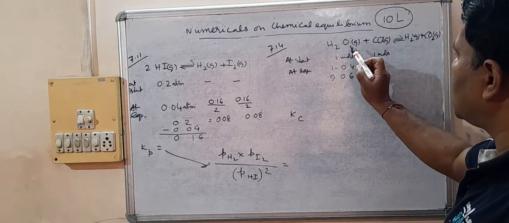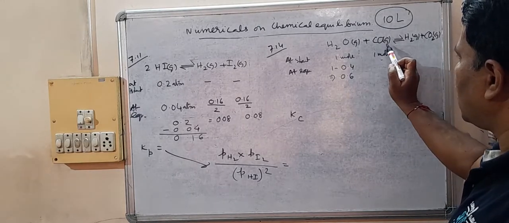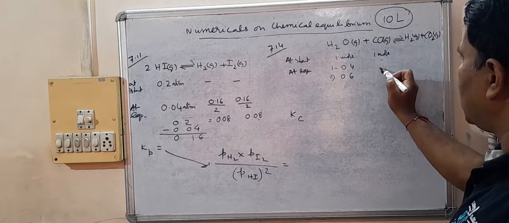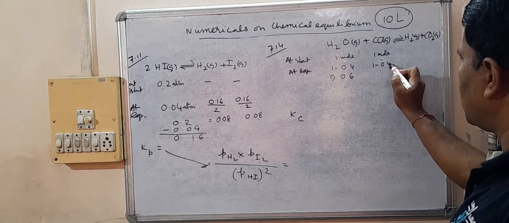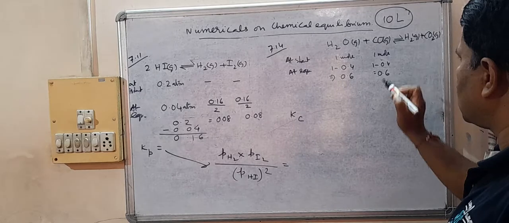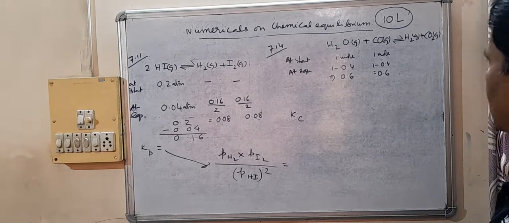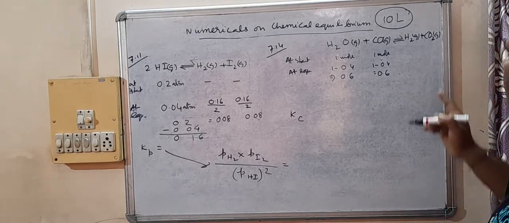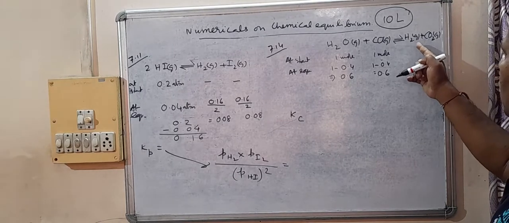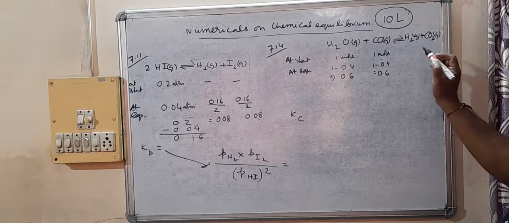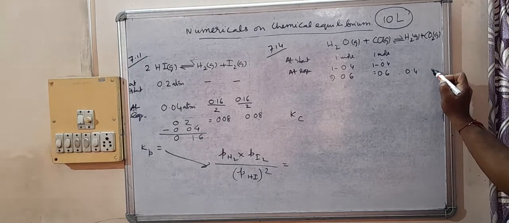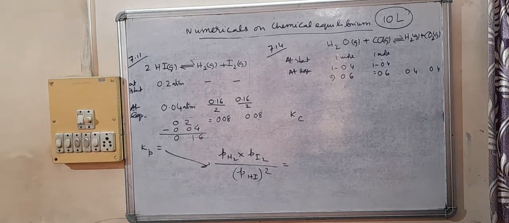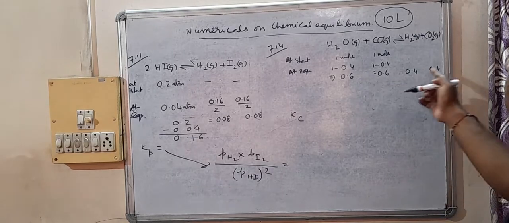Similarly, since 1 mole of water reacts with 1 mole of carbon monoxide, 1 minus 0.4 will be 0.6 moles of CO left behind. And moles of H2 and CO2 will be 0.4 each.